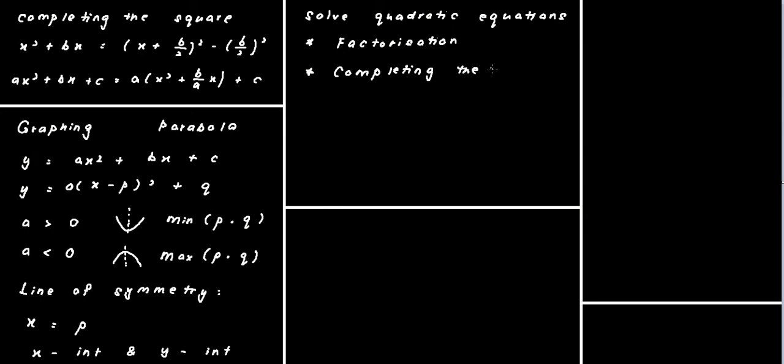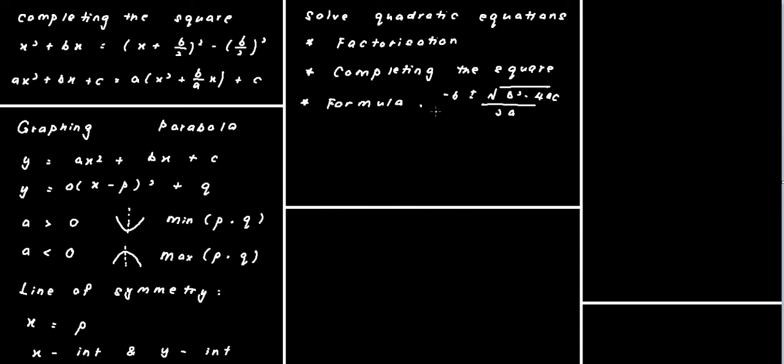For the last one, we have the quadratic formula, which is x equals negative b plus or minus the square root of b squared minus 4ac, over 2a. So these are the three types of methods that you use.